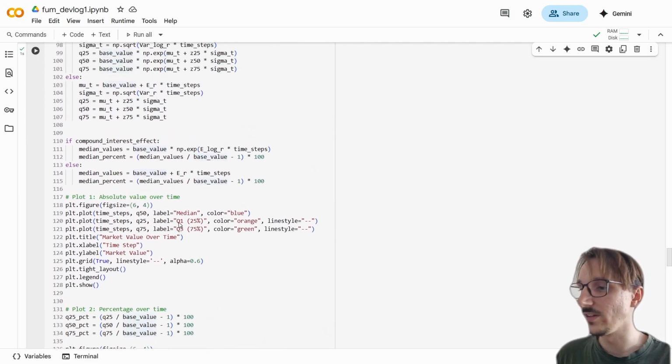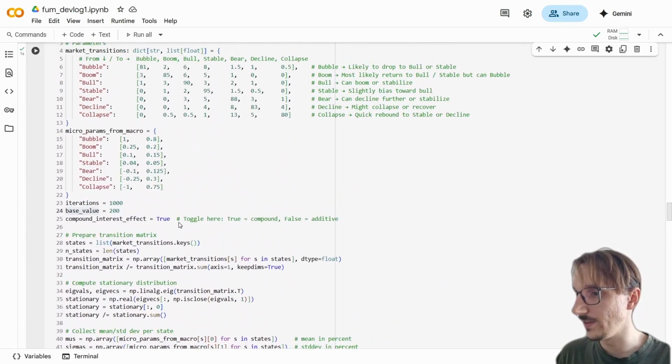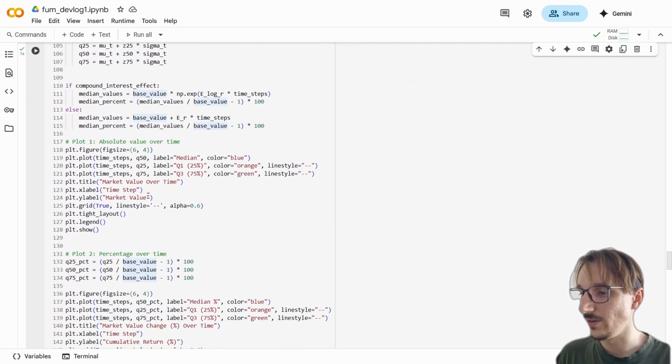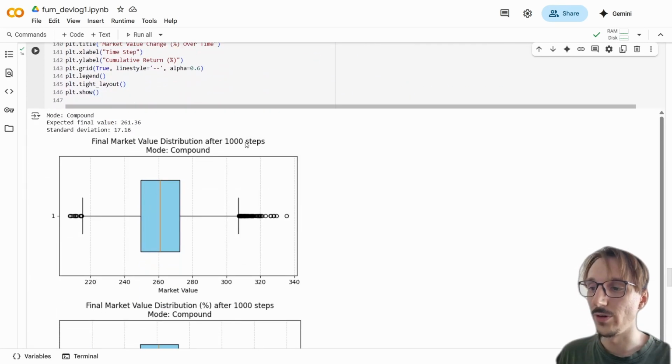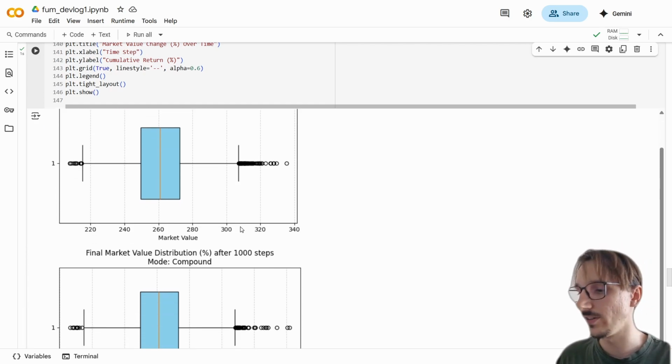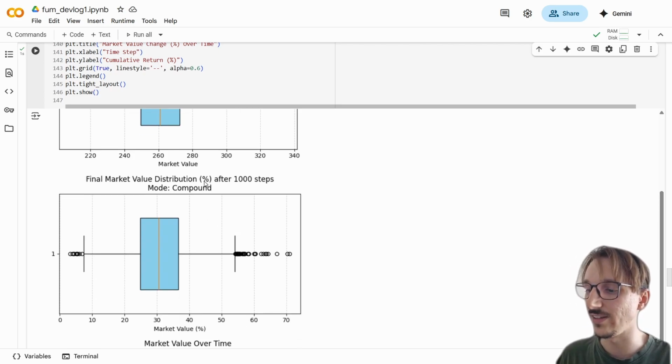In this example, the market value is set to 200 here. And you can see that after 1,000 iterations, you have a 50% chance of being between, let's say, 250-ish and 270-ish.